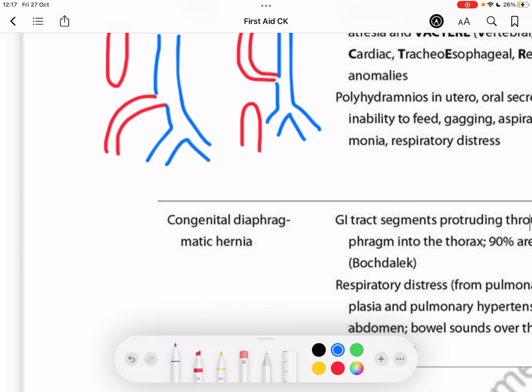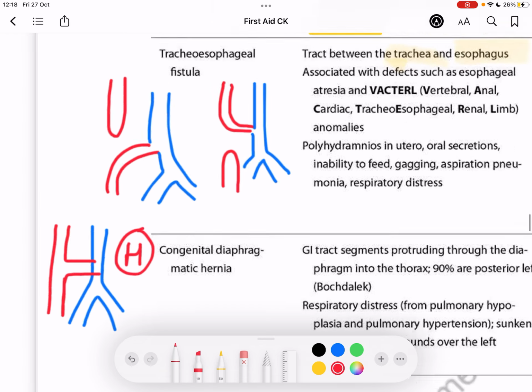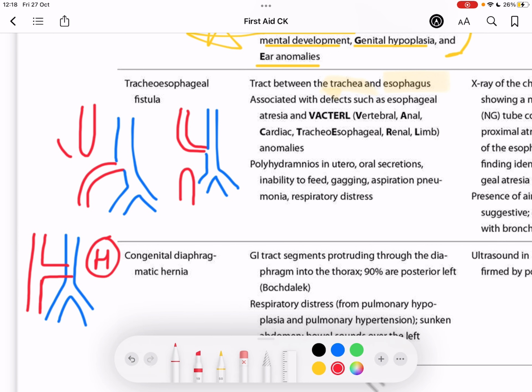Or we can also have something called the H anomaly, which is where we have the trachea and then an esophagus which has no atresia but still has a fistula with the trachea. And as you can see, this looks like the letter H. Okay, so you can have lots of different variations, but very important to know that this is the main one that we see. And when we look at the signs and symptoms, they usually relate to this type rather than the others.